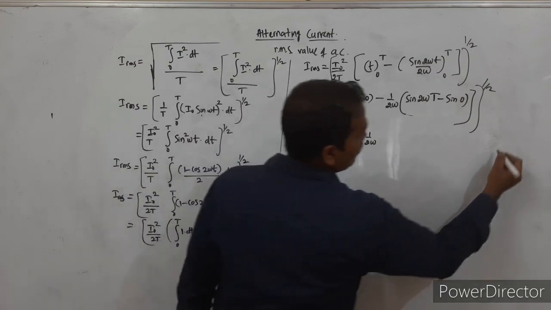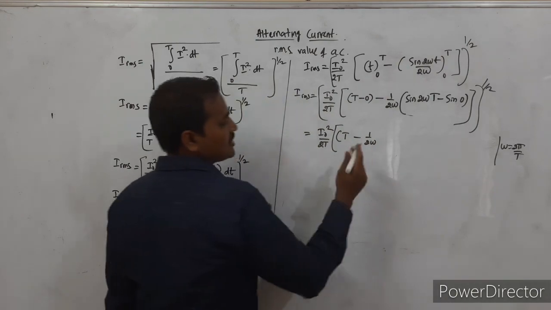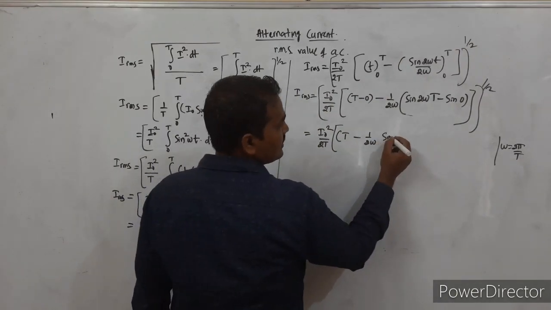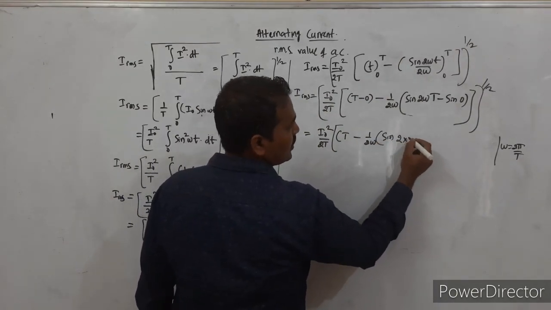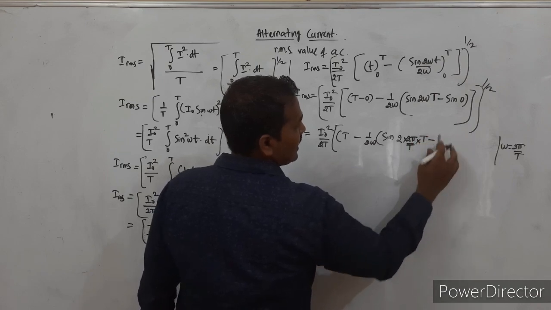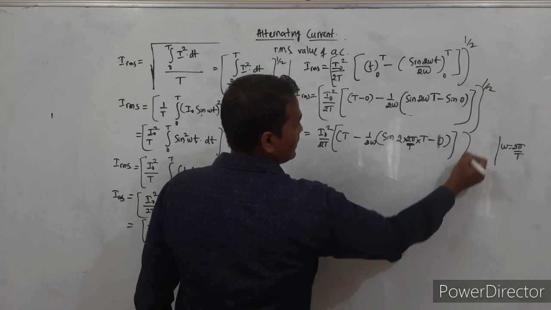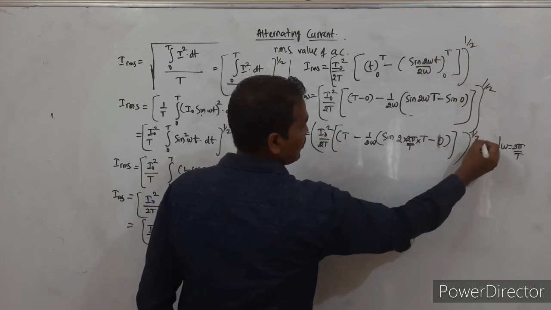What is this omega? Omega is equal to 2 pi by T, is it not? So that we shall substitute. I write it as sin of 2 into 2 pi by T into T, minus sin 0, which is nothing but 0. This term I have to take the square root again.